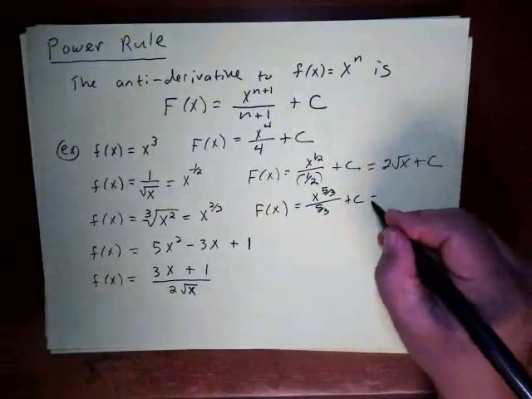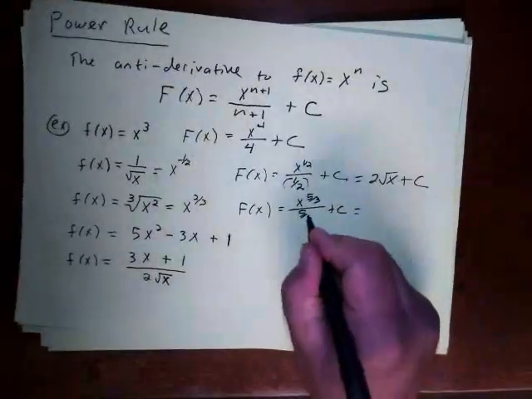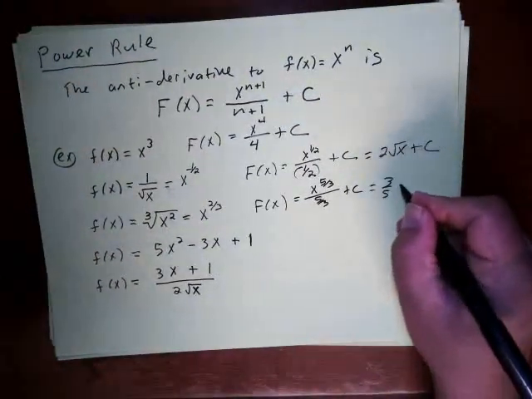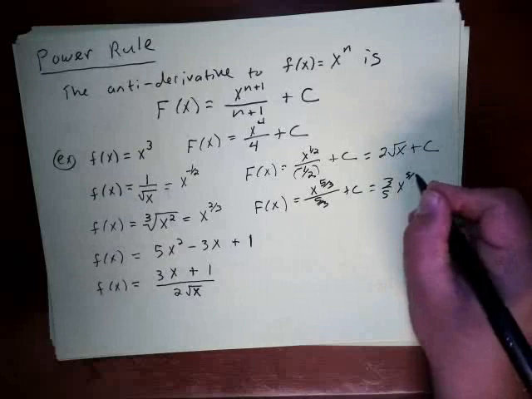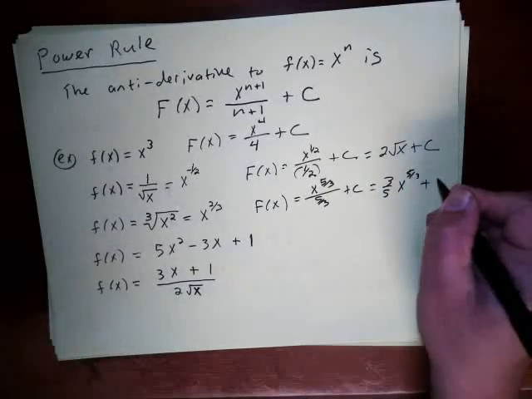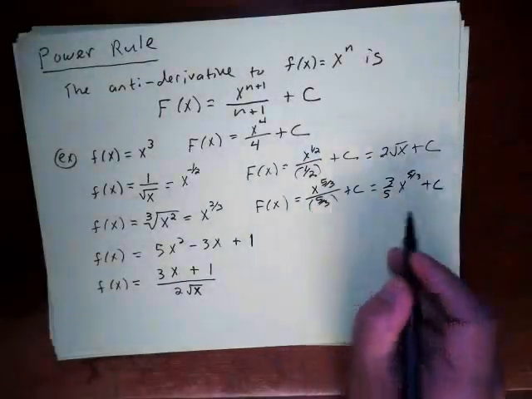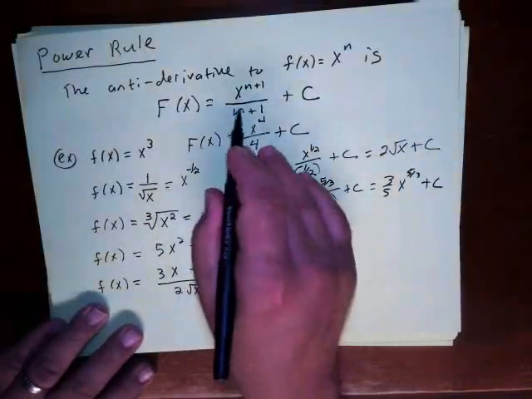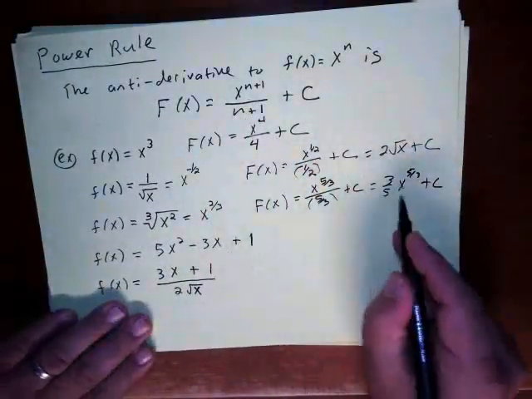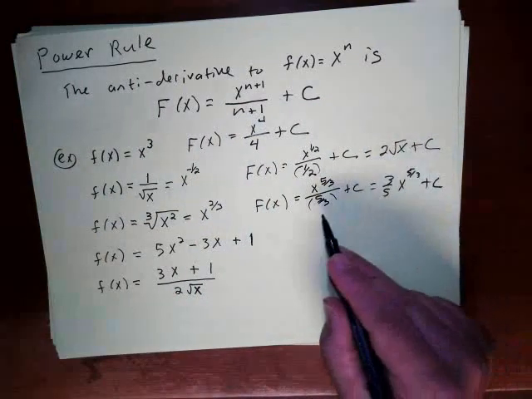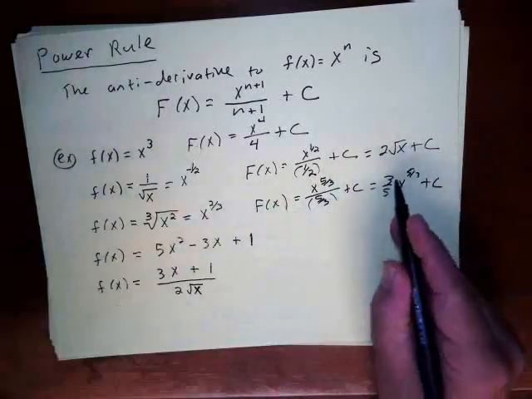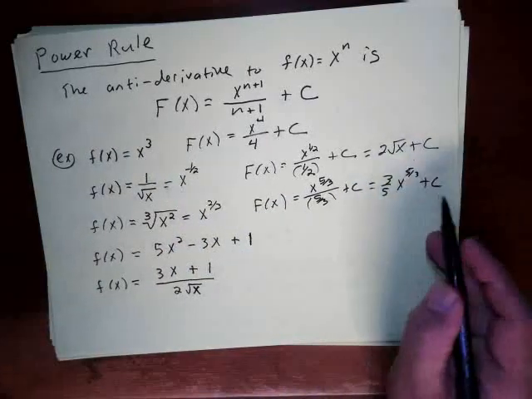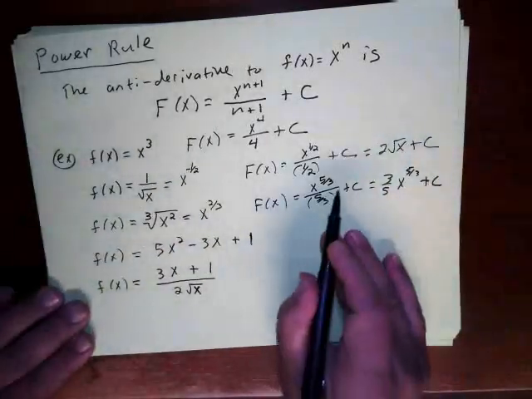And so usually you would write this as 3/5 x to the 5/3 plus c. Usually you invert that bottom. Okay, and if it helps you, you could go right here. When I know that the n plus 1 is 5/3, I might just put the reciprocal of 5/3 in front and just write it like that. But oftentimes I will do this.